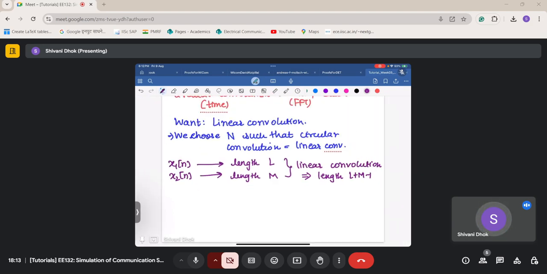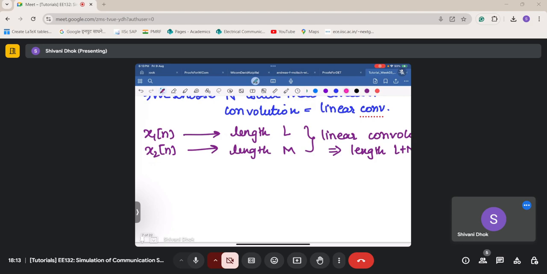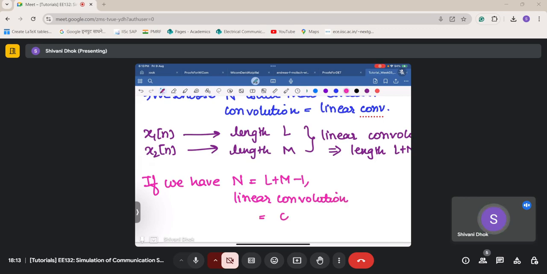So what we do is we set N equal to L plus M minus 1, and we'll get linear convolution equal to circular convolution.